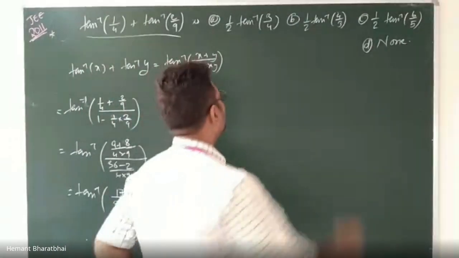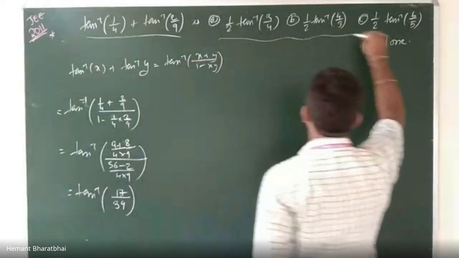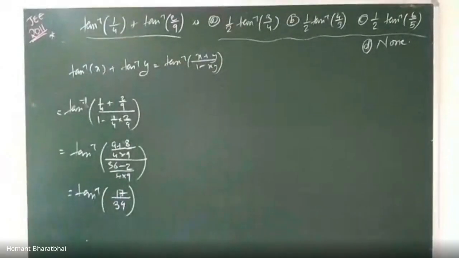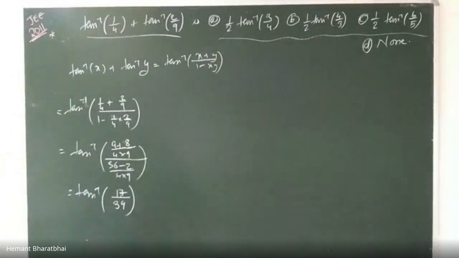But if I see the options, all the options are in the term of 1 by 2 tan inverse of something, 1 by 2 tan inverse of something, 1 by 2 tan inverse of something. So I will have to bring this in that form, and then we can say whether it is none of these.